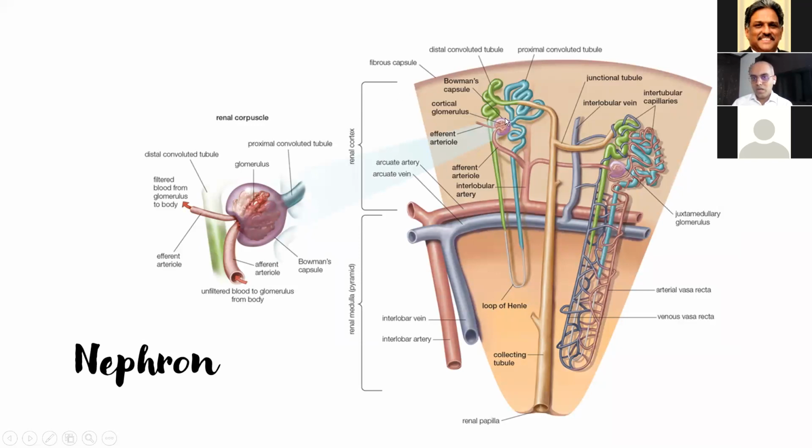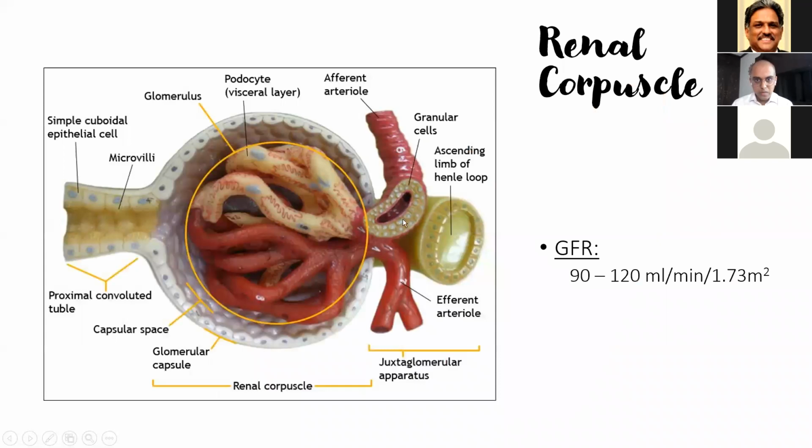On the cortex, you have your renal corpuscles arranged. The renal tubules extend into the medulla. If you look at the renal corpuscle, it is made by the afferent arteriole entering, then the glomerulus, and the outer covering is called the Bowman's capsule. We'll have a look at the renal corpuscle in detail.